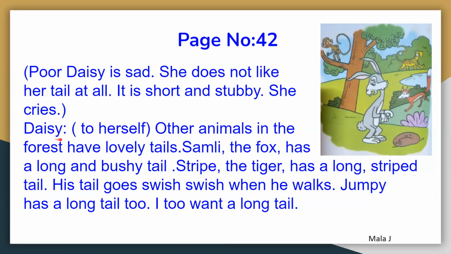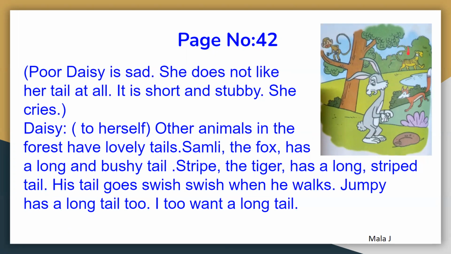So she's saying to herself, look at other animals, how beautiful their tails are. Samly, the fox, is having a long and bushy tail. You can see in the image here, this is the fox, Samly, which is having a long and bushy tail, whereas you can see the tail of the rabbit, it is so short and stubby. And Stripe, the tiger, is also having a long striped tail.